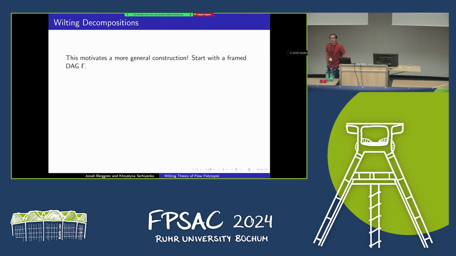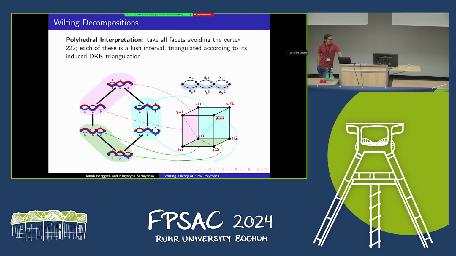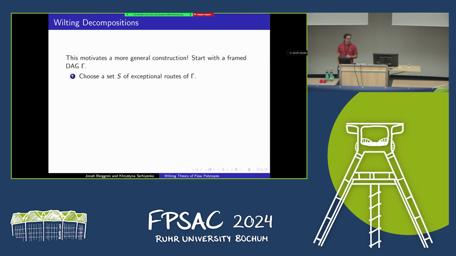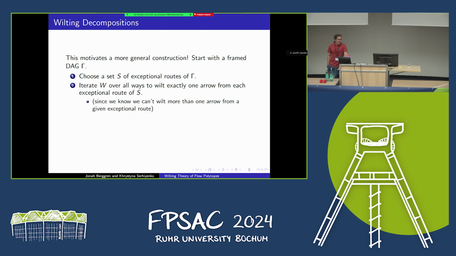What I am talking about in this talk is that, well, really, there I was sort of decomposing by which of those 2 arrows we avoided, but really I can pick any amply framed DAG and pick any set of exceptional routes and iterate my wilted arrows over all the ways to wilt exactly 1 arrow from each of the routes that I chose.